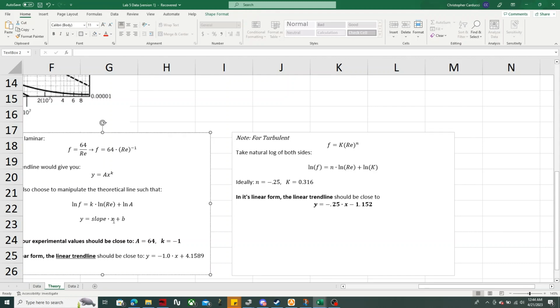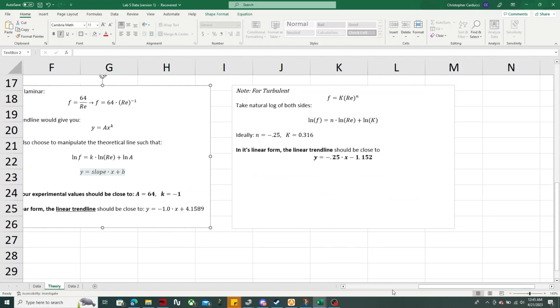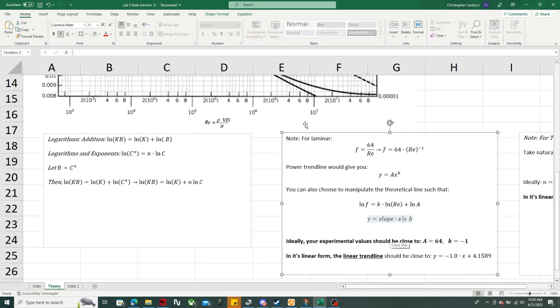If you split it up in this natural log form, you can then use a linear trend line after you do this transformation, so you'll make a separate graph. Then you can use a linear trend line where it's just y equals the slope times x plus b. Ideally, for your laminar, this is your equation.